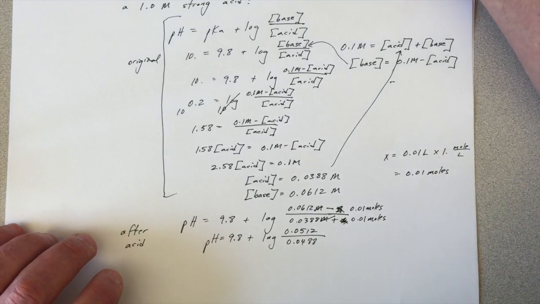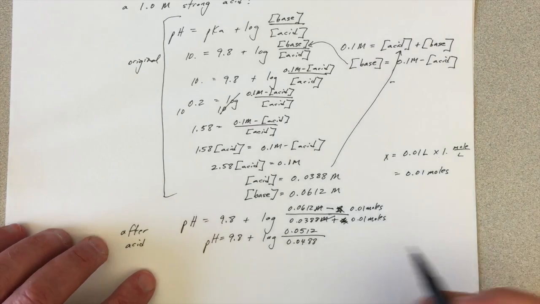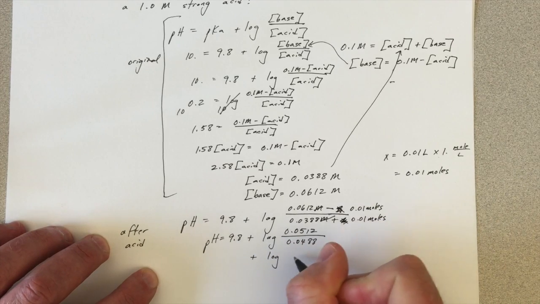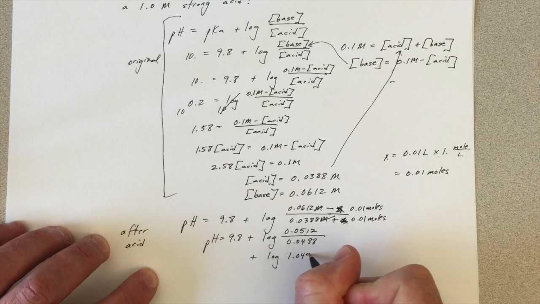Now, let's do that on the calculator and see what that ratio is. My ratio is evening out, so I'd imagine my pH is going to get closer to the pKa here. So 0.0512 divided by 0.0488 equals 1.049.